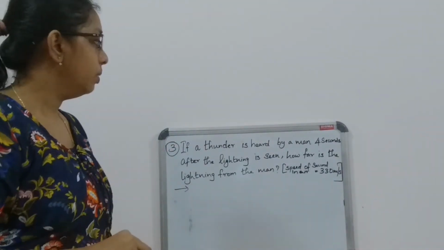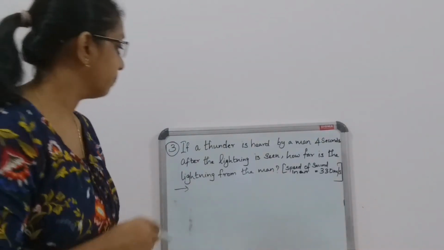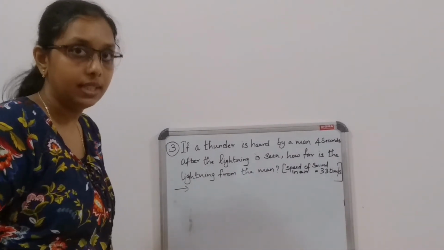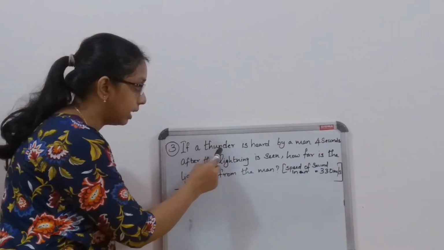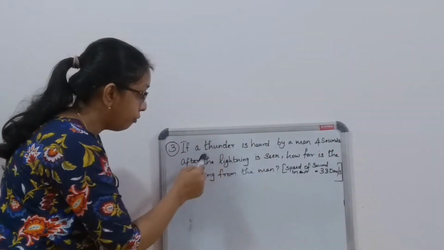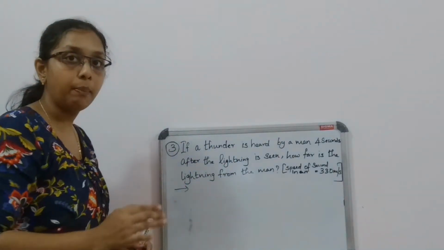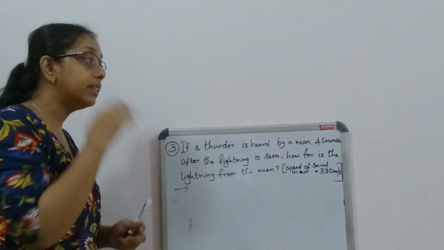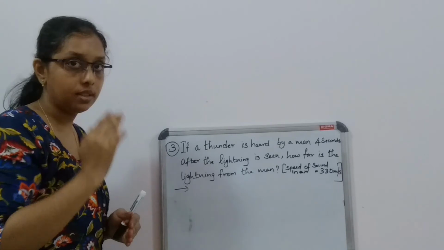Okay. So from the question itself, you would have understood it's about speed of sound and speed of light, isn't it? So here what they are telling, if a thunder is heard by the man 4 seconds after the lightning is seen. So what happens here? Man first sees the lightning and then only he hears the thunder sound.